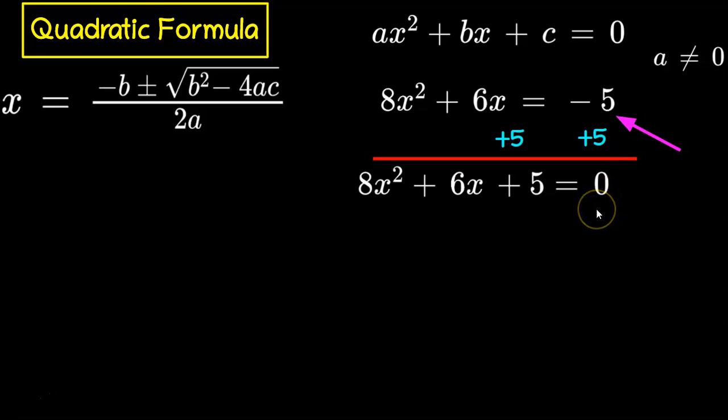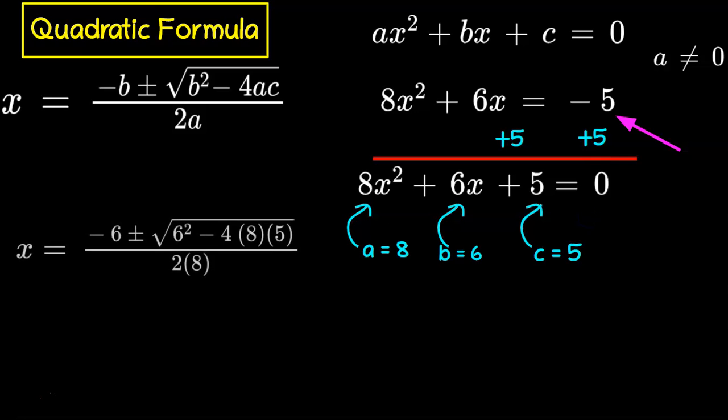So now let's assign our a, b, and c from our quadratic equation. Again, a is the coefficient of x squared. So in this case, a is equal to 8, b is equal to 6, and c is equal to 5. Plugging into the formula, we got x equals negative 6 plus or minus the square root of 6 squared minus 4 times 8 times 5, all over 2 times 8.